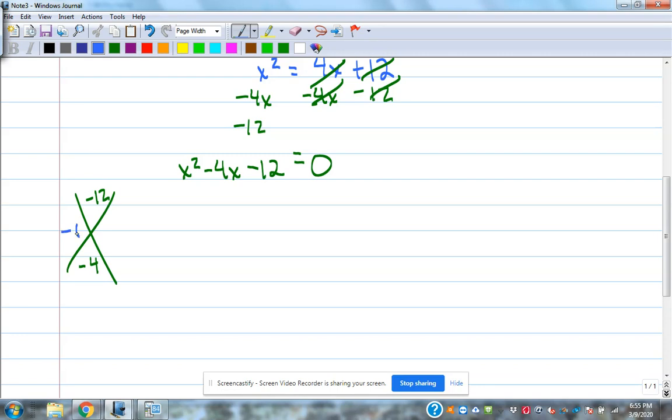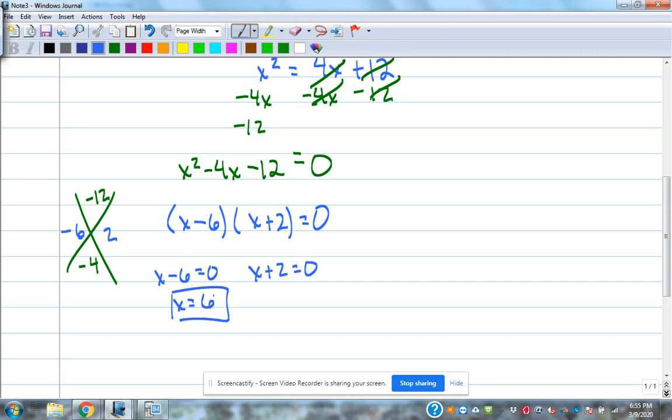Be negative 6 and 2. And that gets you your factors. Set those factors equal to 0 and solve. This is with factoring.